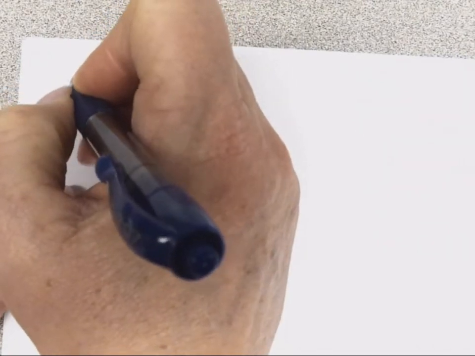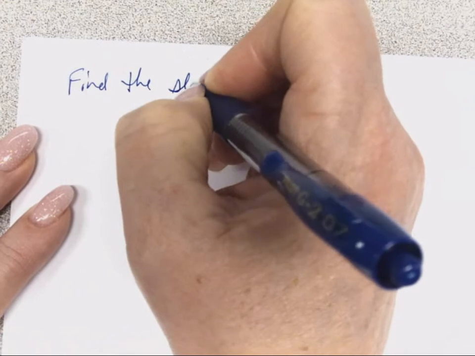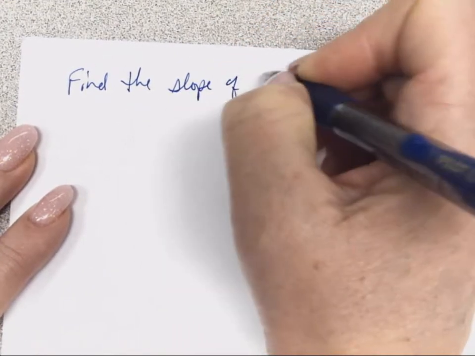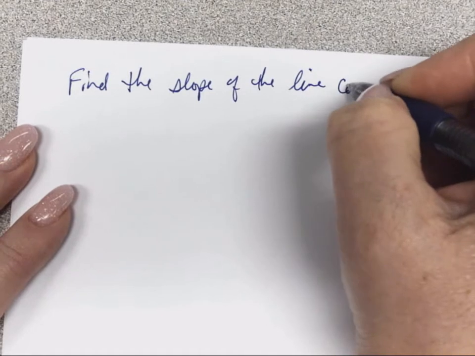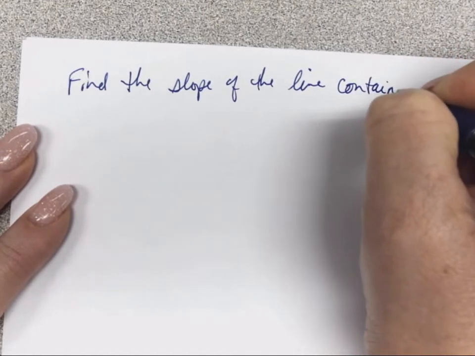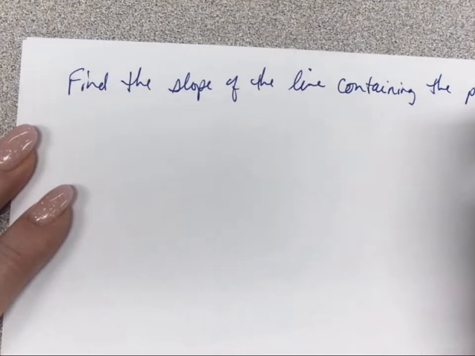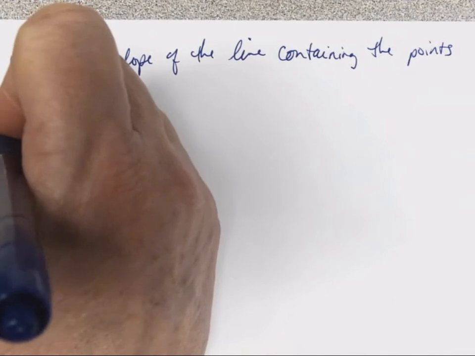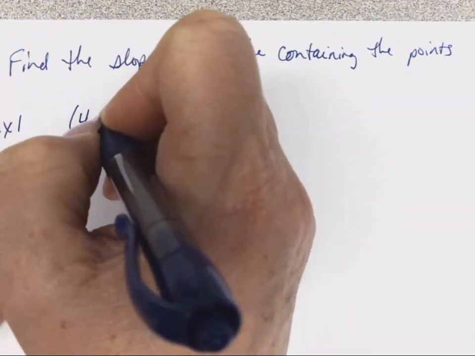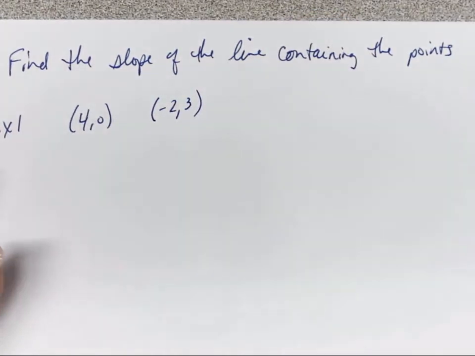So for example 1, we are going to find the slope of a line containing the points 4, 0 and negative 2, 3.